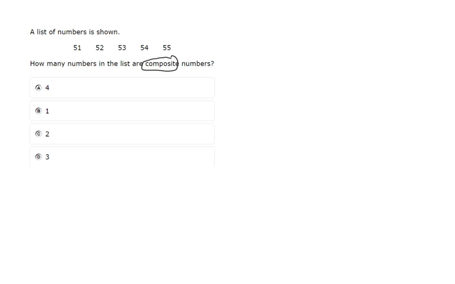All right, right off, again, because I know my multiplication facts, 55. I know 55. We can get 55 by multiplying 1 times 55, but then also 5 times 11. Sorry, let me go ahead and erase that real quick because we are looking for composite numbers.